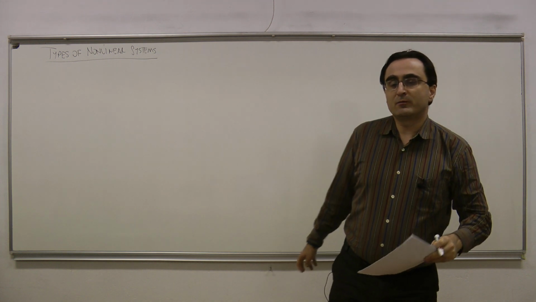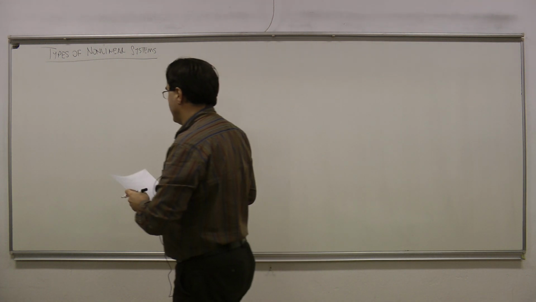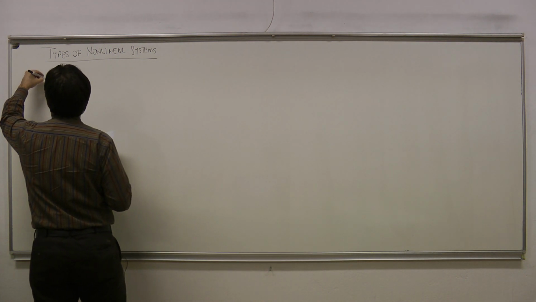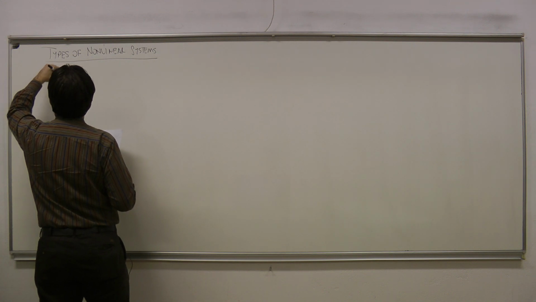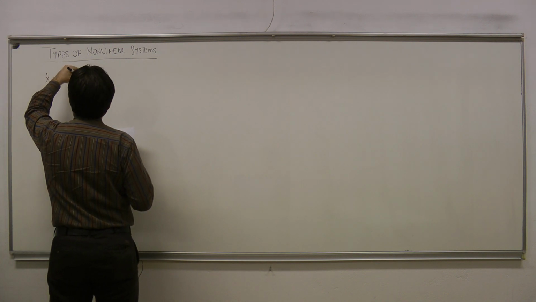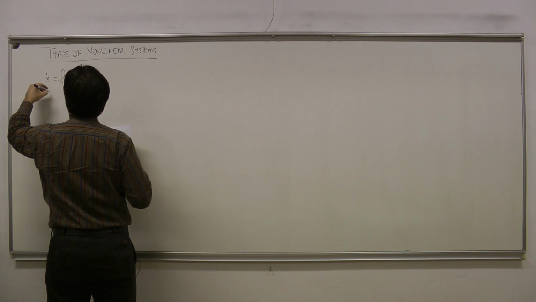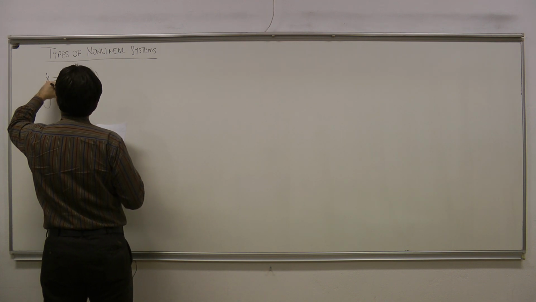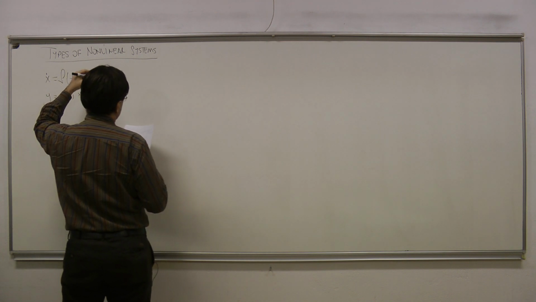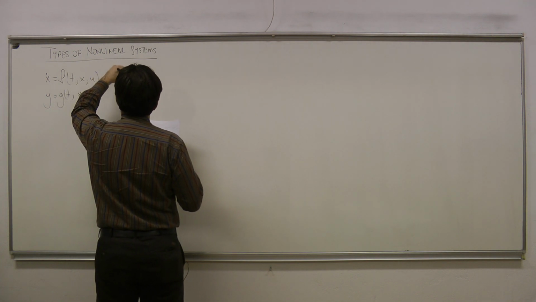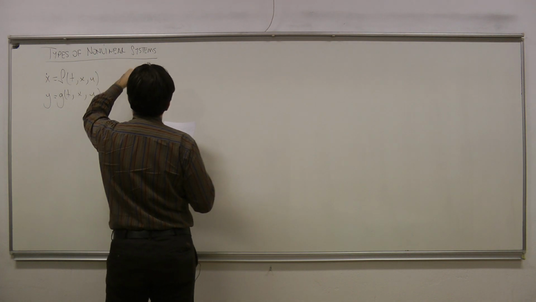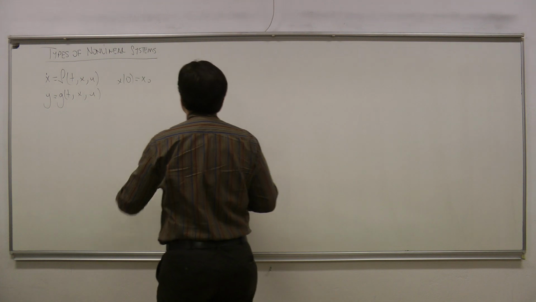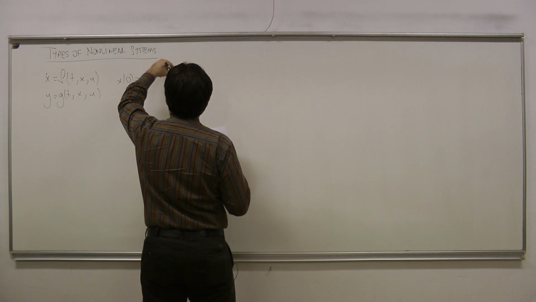The first type that we are going to see is a time-varying nonlinear system. x dot is equal to f of t, x, and u, and y is equal to g of t, x, u. We almost always specify an initial condition for the system. This is the most general form.